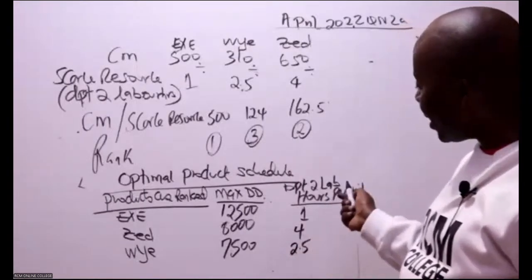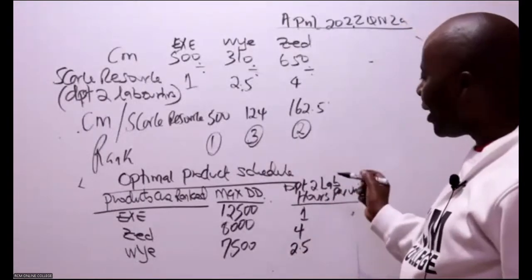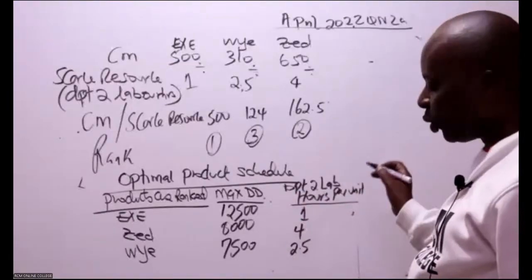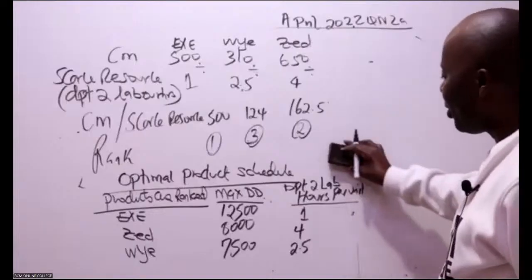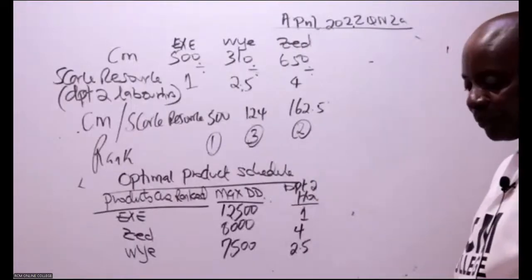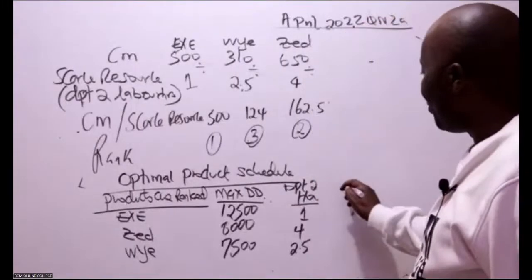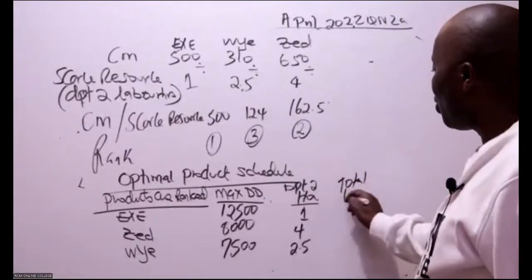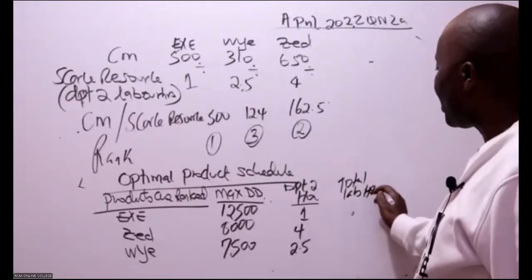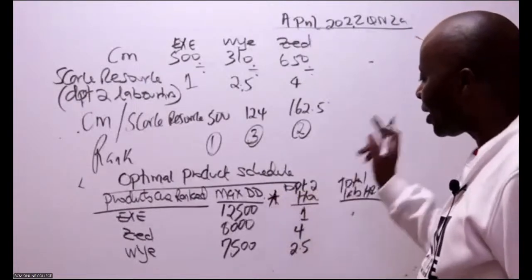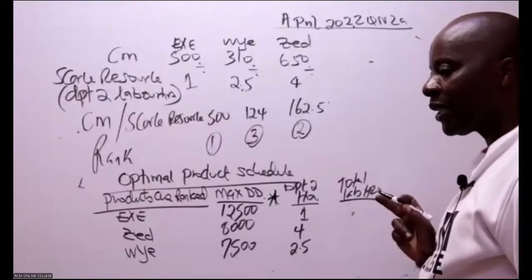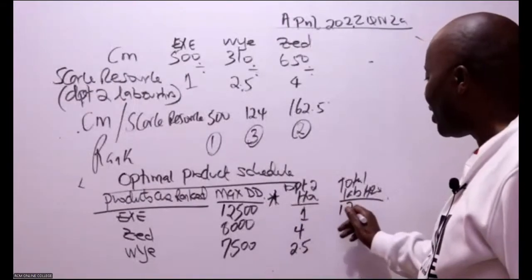So remember, these are per unit. So go ahead and multiply to give us total labor hours. So you multiply this with this to give us total labor hours. So the first one is 12,500.